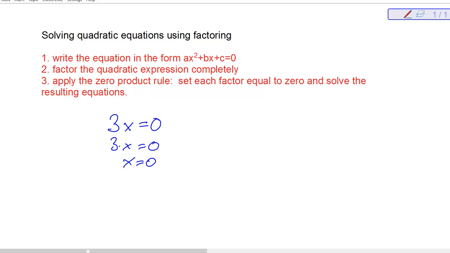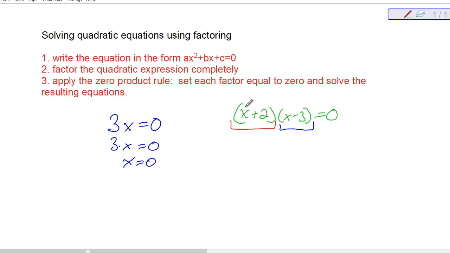Same thing happens if I have x plus 2 times x minus 3 equals 0. What this tells me is that either this factor or this factor must be 0. Doesn't matter which one, but one or the other of these factors must equal 0.